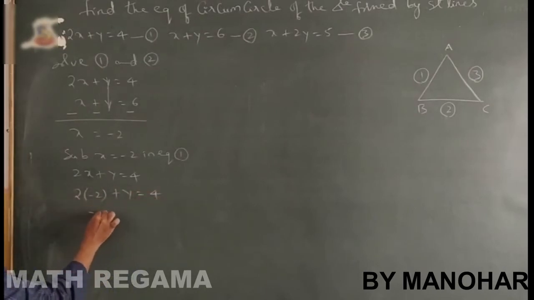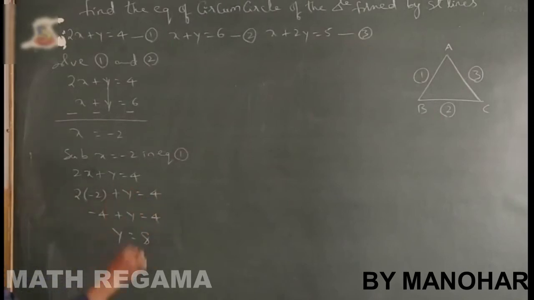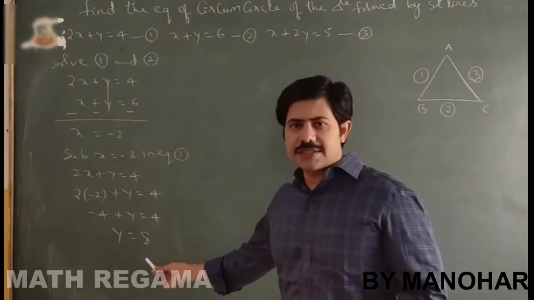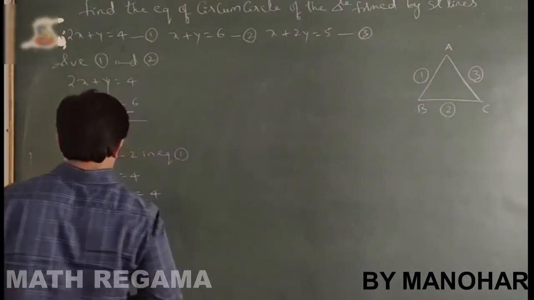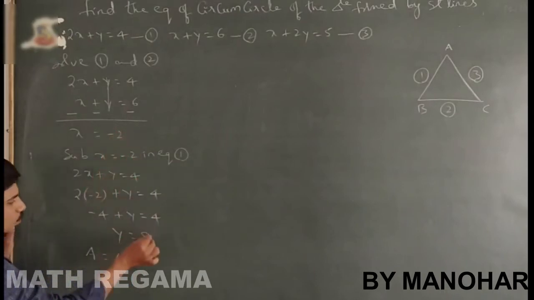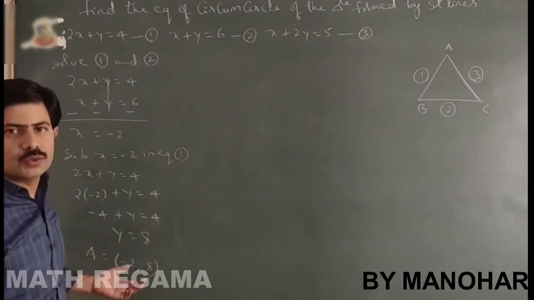So minus 4 plus y is equal to 4. So what is the y value? It is clearly 4 plus 4, 8. So y value is 8. Now point A is minus 2 comma 8.